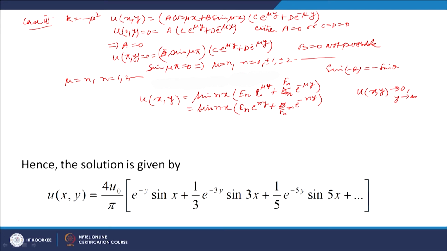Otherwise, the solution will not remain finite. So, this means that e n will have to be 0. So, we will have u n(x,y) equal to sin n x into f n e to the power minus n y.